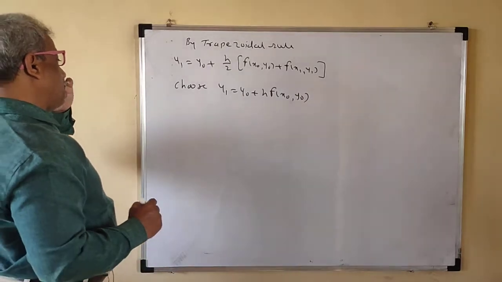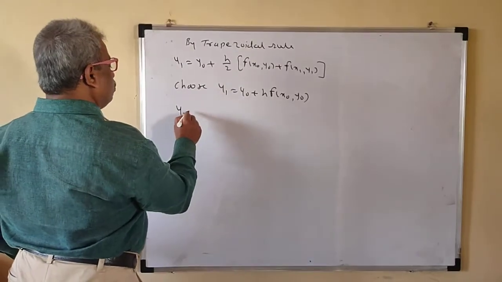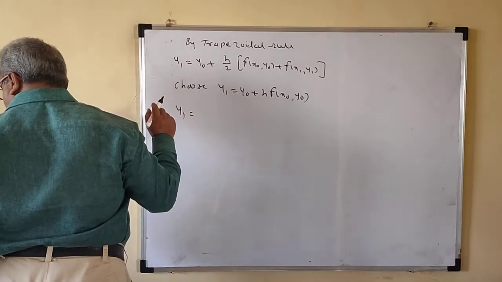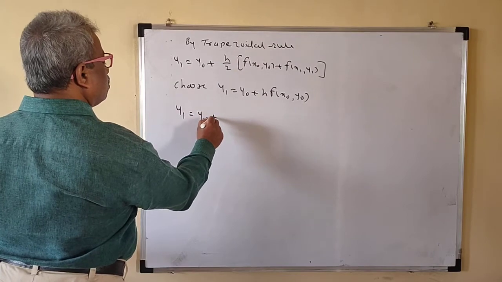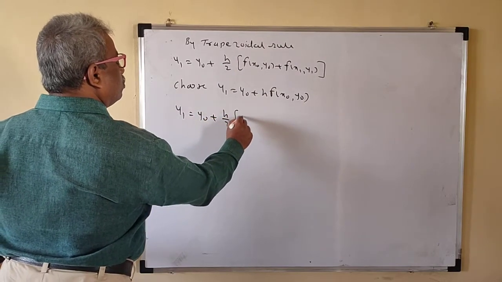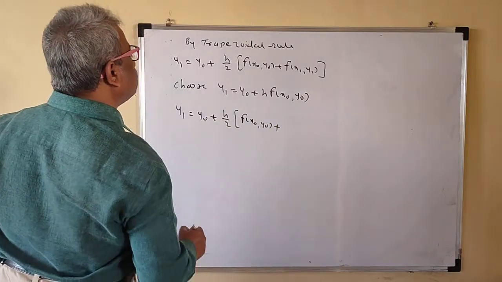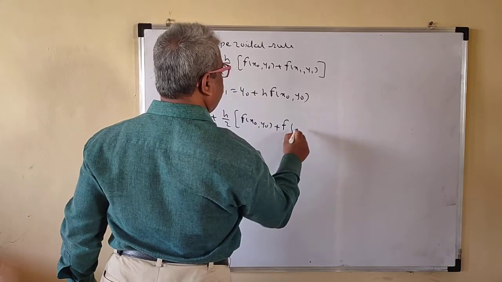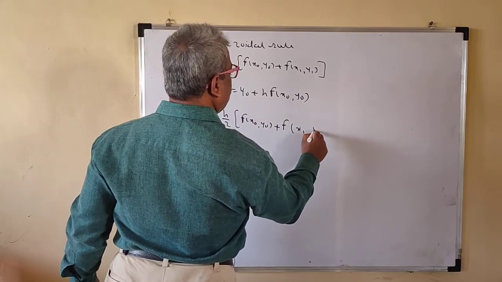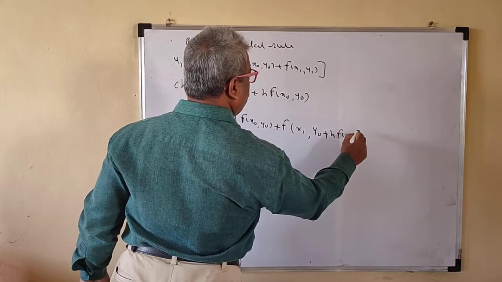Okay, so then y1 is equal to y naught plus h by 2 times f of x naught, y naught plus f of x1, y naught plus h f of x naught, y naught.